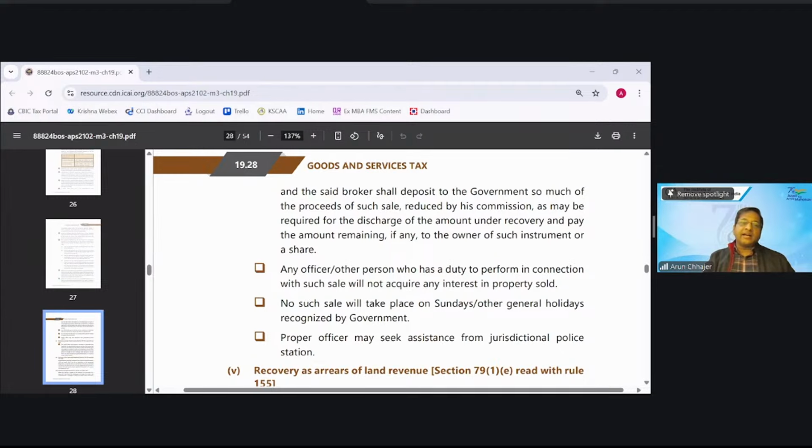This 3.5 years would be counted from which date? Due date of annual return. Correct.